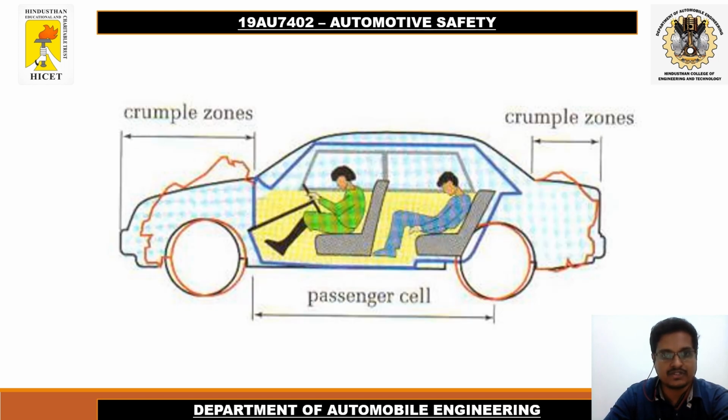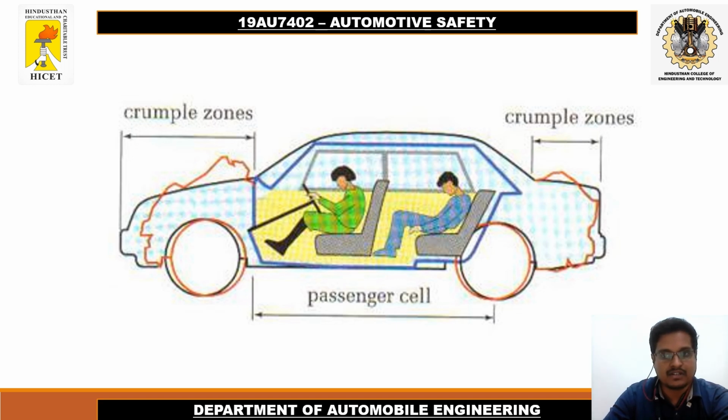So in the image you can see a car is being divided into three categories. The first, frontal part is called the crumble zone, and the rear end is also called a crumble zone, and in the middle it is the passenger cell.